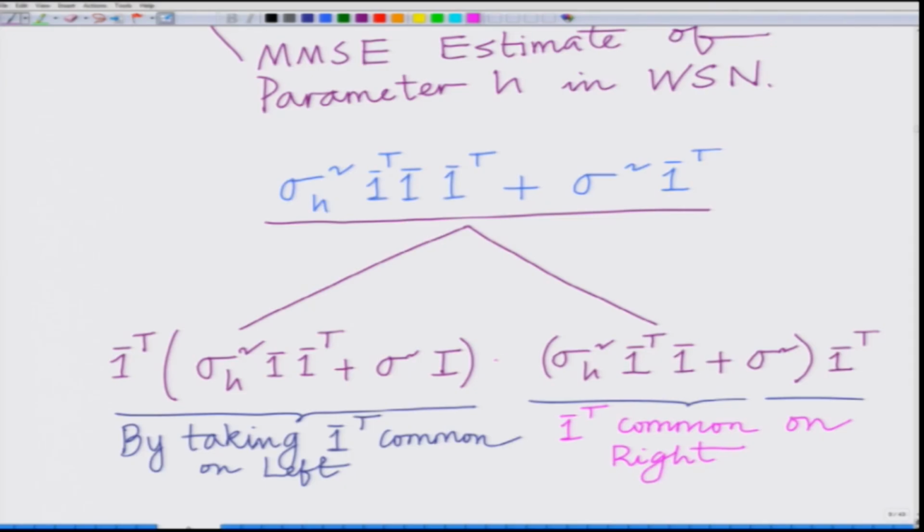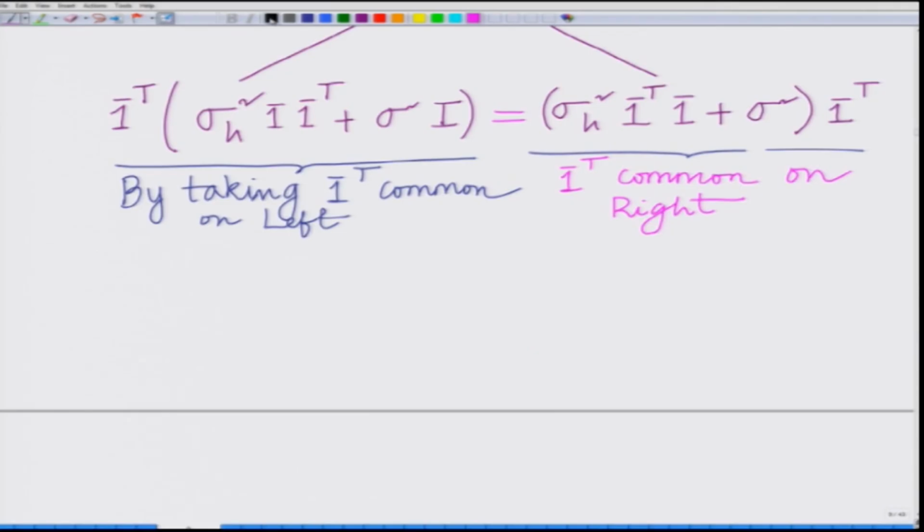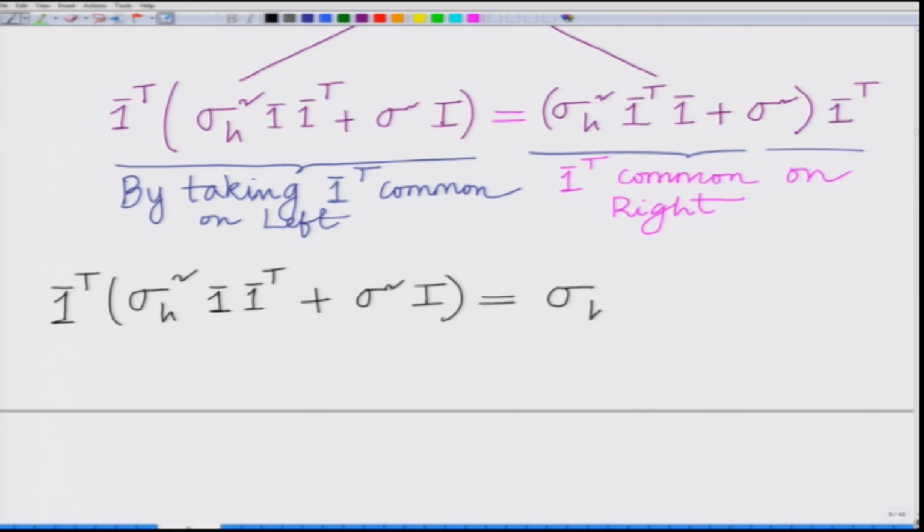And therefore these two quantities are one and the same, and therefore equal. So what we have is 1 bar transpose [sigma h square 1 bar 1 bar transpose plus sigma square times identity] is equal to [sigma h square 1 bar transpose 1 bar plus sigma square] times 1 bar transpose.